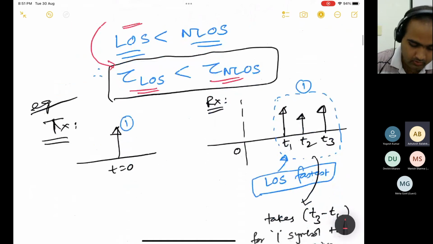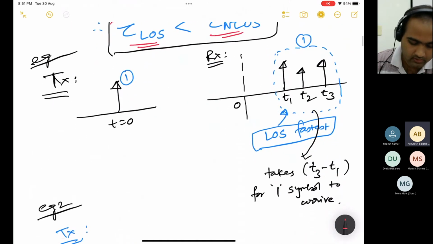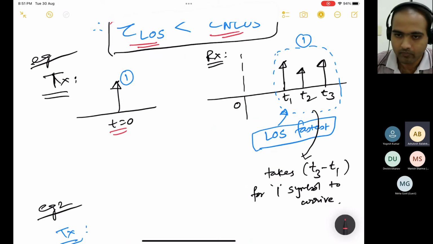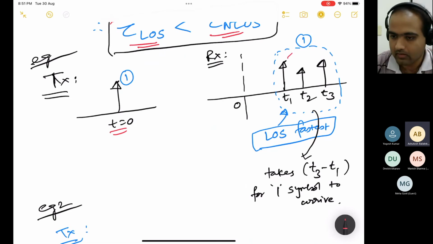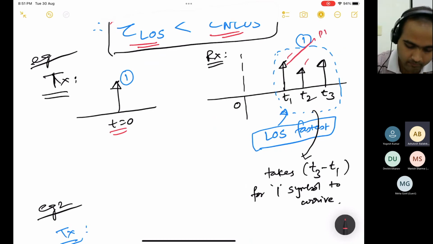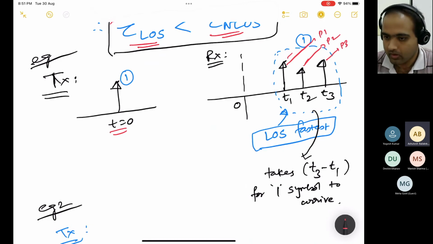Okay, so say for instance, I am transmitting an impulse at t equal to 0, right? So what will happen is that at some t1, I am getting a copy of the impulse which I transmitted. Similarly, at some time t2, I'm getting another copy. Say this is due to path 1, this copy is due to path 2, this copy is due to path 3, right?